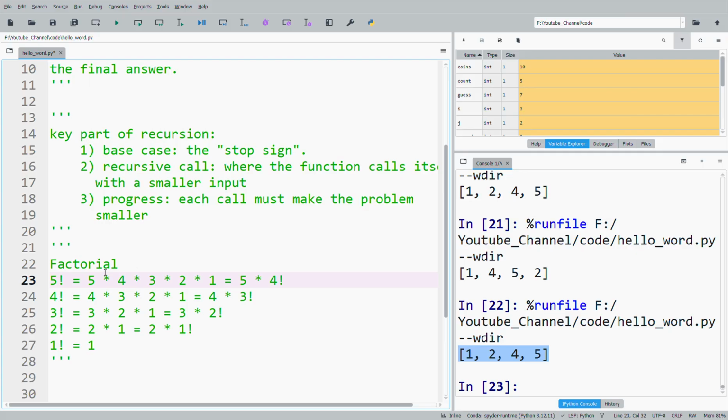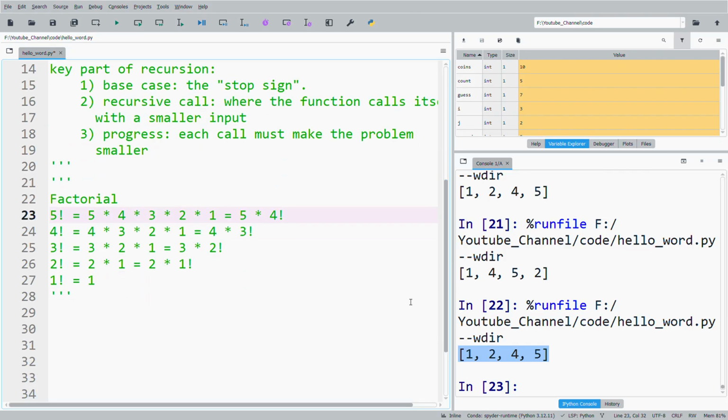So if we want to compute 5 factorial, we can call 4 factorial, then 3 factorial, 2 factorial, until we reach the base case, 1 factorial.